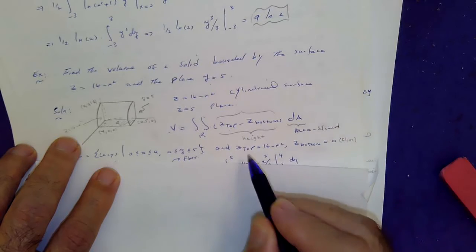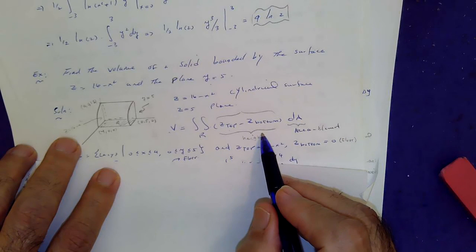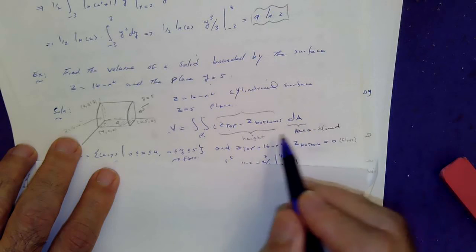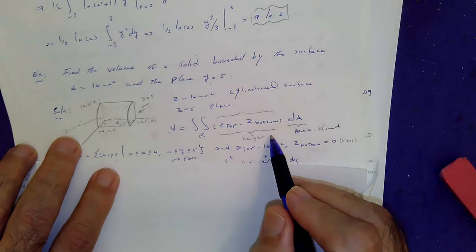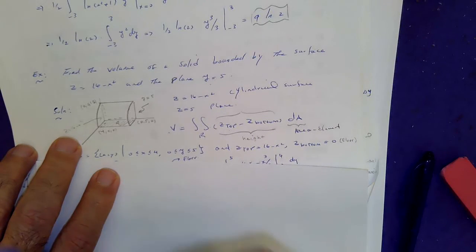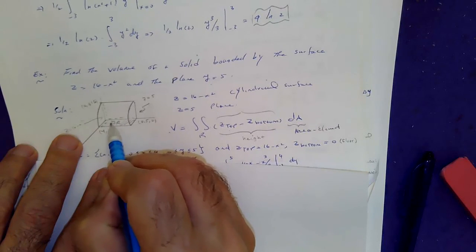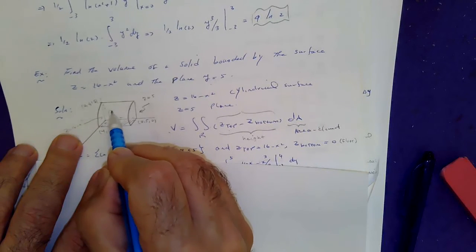Okay. So this would be the height, and this would be the area. Height times area gives you the volume of a typical box. So the typical box would be something like this. Do you all see it?